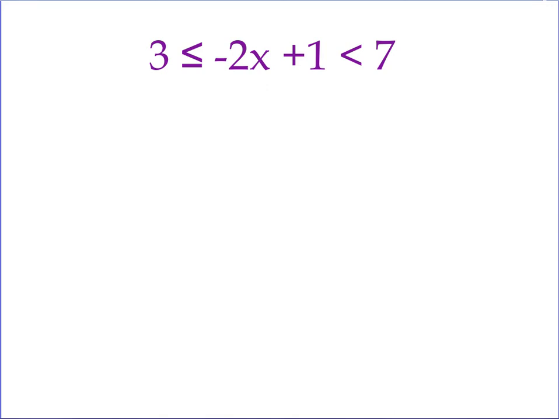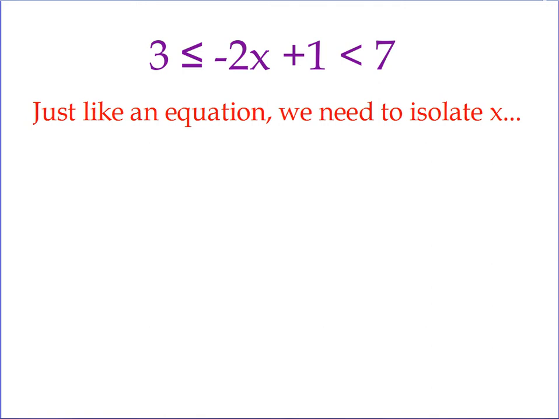Here we have a third type of compound inequality. It looks very much like the inequality we just had, with one exception. Our variable in the middle section is not isolated. So in this case, we have to solve or isolate our variable just like we would in another type of inequality or equation.